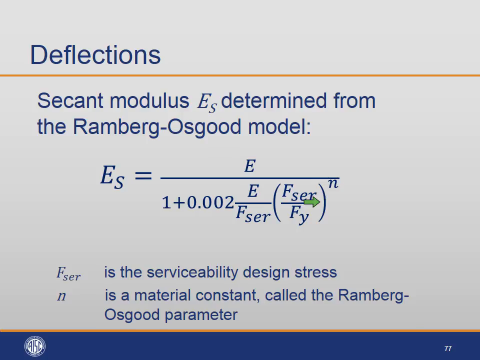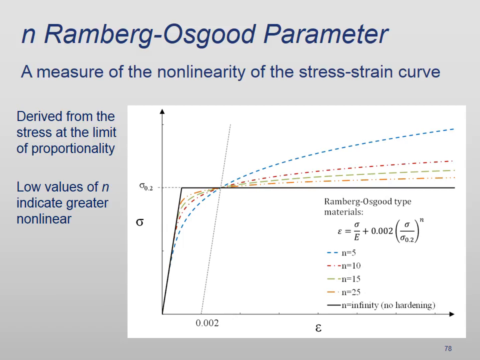Now n is a material constant, and it's called the Ramberg-Osgood parameter, and I'll show you on this slide exactly what it is. It is a measure of how nonlinear the stress-strain curve is.